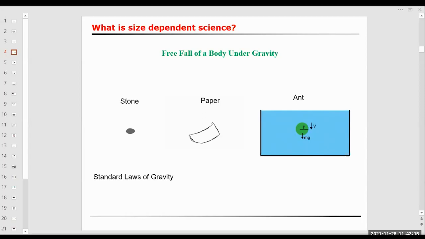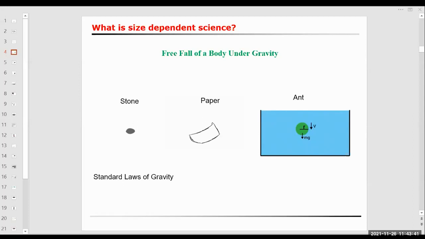In the case of the stone, the standard Newton's laws of gravity are applicable to explain the fall of the stone under gravity. But in the case of paper, our observation would be different. It will not fall the way the stone falls, isn't it?